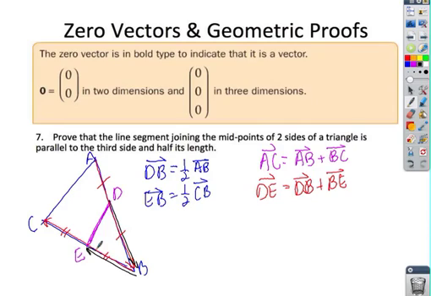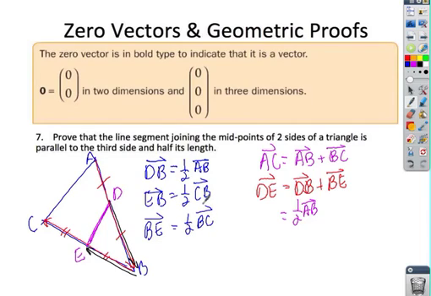All right. Now we can do some substitutions with the things that we've found already. We've already said that DB is equal to half AB, so I can substitute there. And now I'm looking for an expression for BE. So we're going to just switch the letters around in the vectors that we found over here. So we'll make this vector BE, and that's equal to 1/2 vector BC.